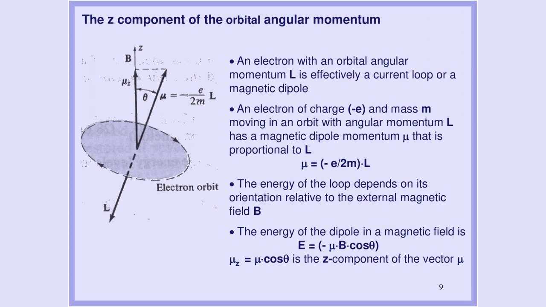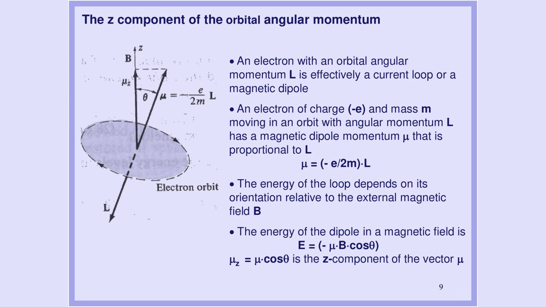An electron with an orbital angular momentum L is effectively a current loop or a magnetic dipole. An electron of charge minus e and mass m moving in an orbit with angular momentum L has a magnetic dipole moment that is proportional to the orbital angular momentum.